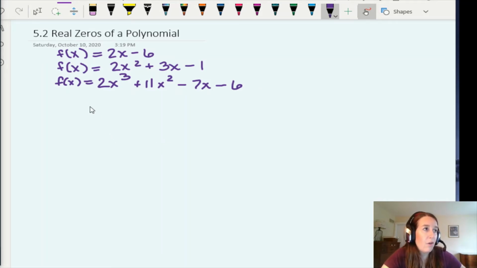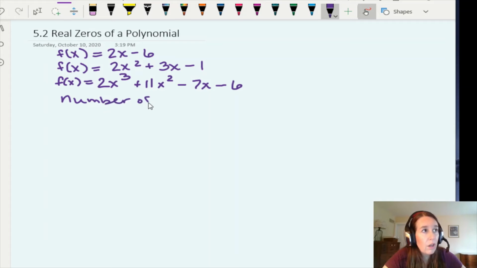All right, so if we take a look at this problem, the first thing we need to figure out is, how many possible zeros are there? We hopefully have already learned in 5.1 that there could be up to 3 real zeros in this problem, because you have the same number of zeros possible as the degree of the function. So the number of real zeros is less than or equal to the degree of the function.